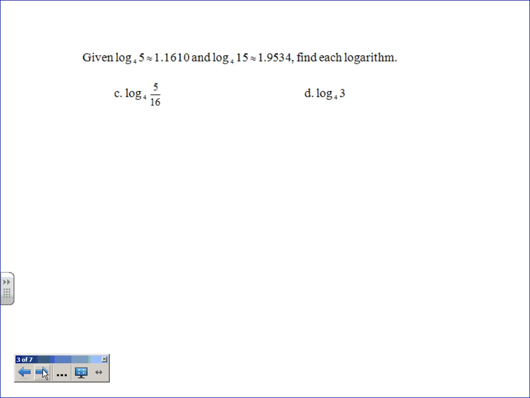Yeah. Well, how are we going to break this one out? Well, you have to be careful on these. Order, hugely important. And what goes in between them? All right. Log base 4 of 5.